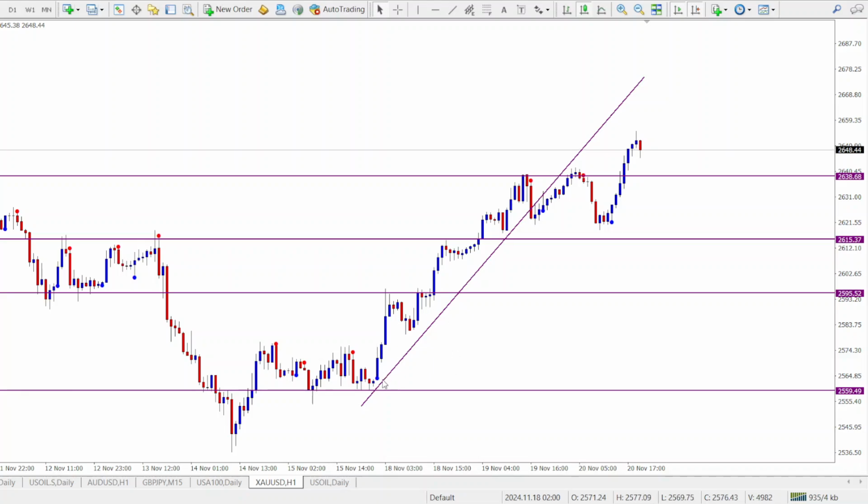If you are a trader that opens multiple trades and you entered a buy trade here and closed it here, this would have been a good place to enter another buy trade. But if you had entered only based on the signals given by this indicator, you would have been in only one trade from this point up to this point.